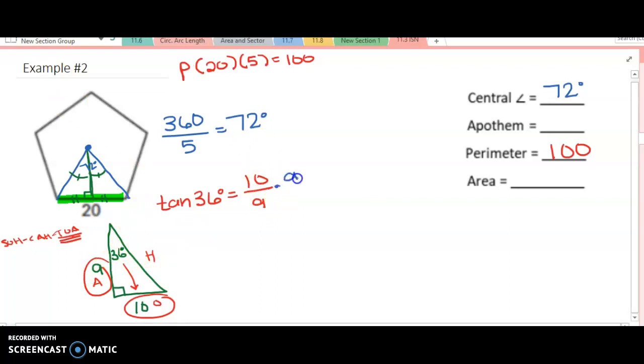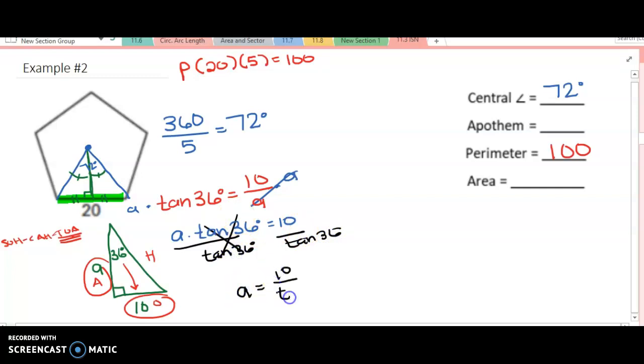Anytime I have a fraction, I'm going to multiply by the denominator on both sides. A times tan 36 degrees equals 10. Divide by tangent 36 on both sides. Those go away, so I get A equals 10 over tan 36. And when I plug that into my calculator, I get A as roughly 13.76.